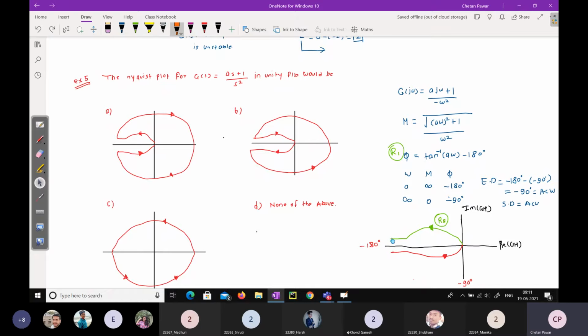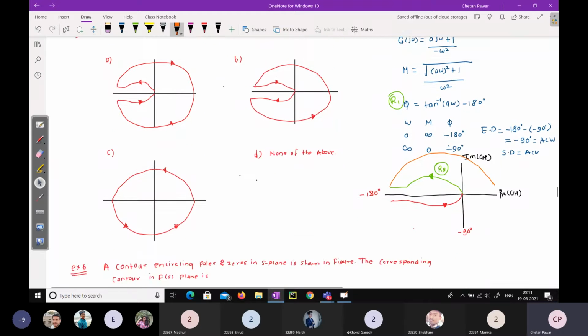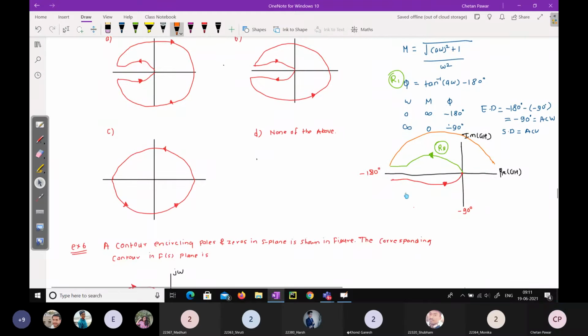It starts where the inverse polar plot ends, and it ends where the polar plot starts. This is one semicircle, and this will be the second.